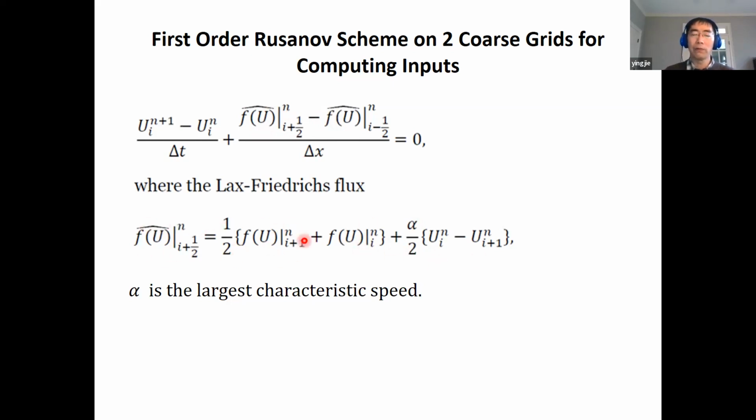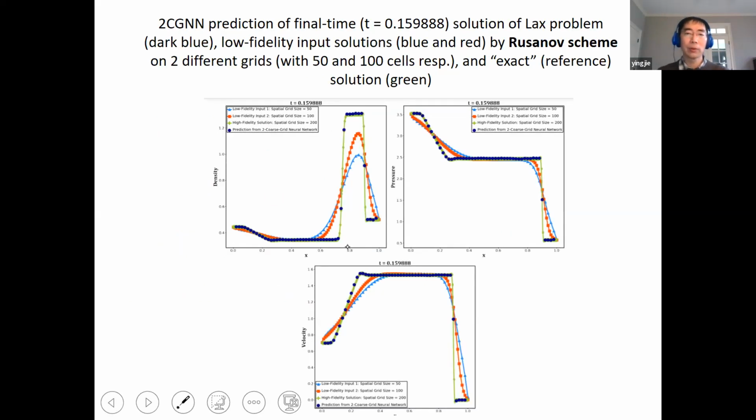That's the feature of the Rusanov scheme. This is a conservative scheme, but it's first order. Very easy to code, very efficient. We use this simple scheme to compute on two grids, the original one and the refined one. So we obtain this result.